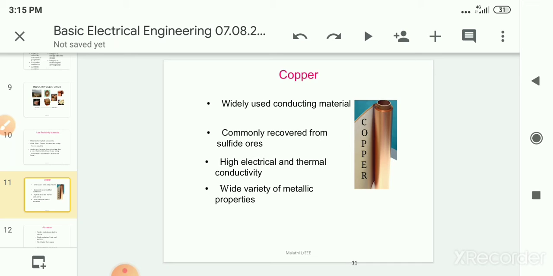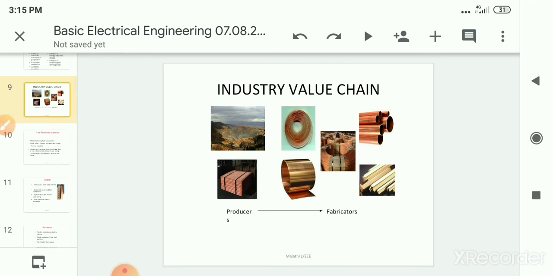If we anneal our copper, then what will take place? Annealed copper is very soft, flexible, and has less tensile strength. So this type of copper is used for making cables. Another type is hardening treatment. If we give this hardening treatment to our copper, it is converted into hard drawn copper.